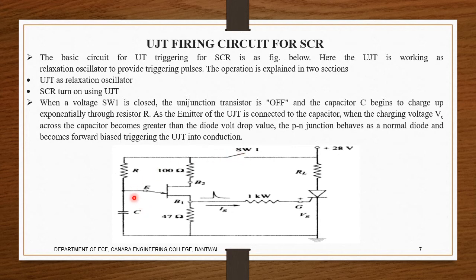The capacitor C begins to charge up exponentially through resistor R. As the emitter of the UJT is connected to the capacitor, when the charging voltage VC across the capacitor becomes greater than the diode voltage drop VD, the PN junction behaves as a normal diode and becomes forward biased, triggering the UJT into conduction. You can see here this is exactly the UJT working.